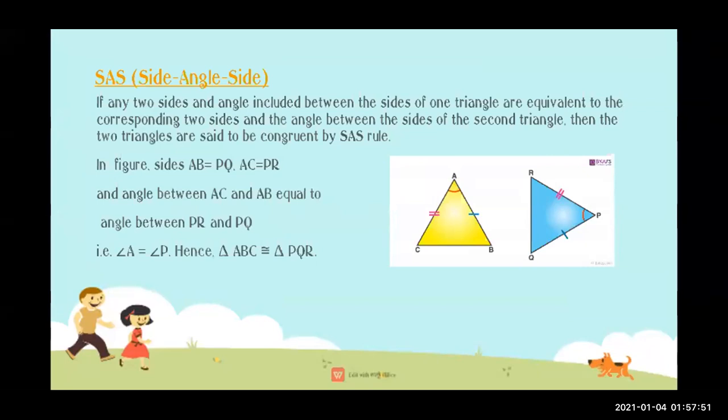In that, what you have to see? There must be two sides, and in between there must be one angle. That is our side angle side test. By looking at the figure, you will observe which type of test it is. Now we will move to the next test.